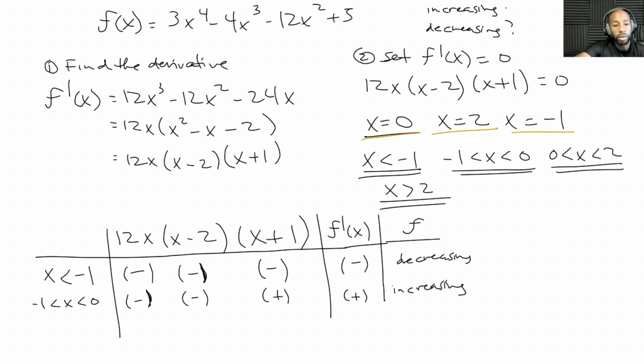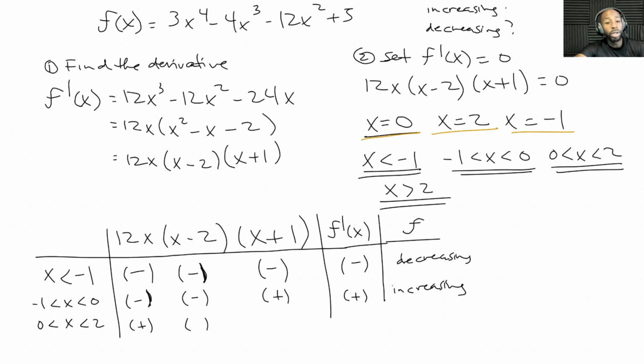Next, you have this interval. So that means on this interval, it is going to be positive here. This is also going to be positive. Well, actually, no, it's not. It's going to be negative. Sorry about that.